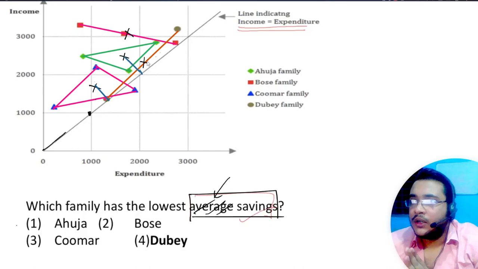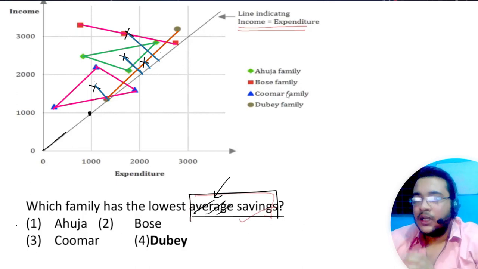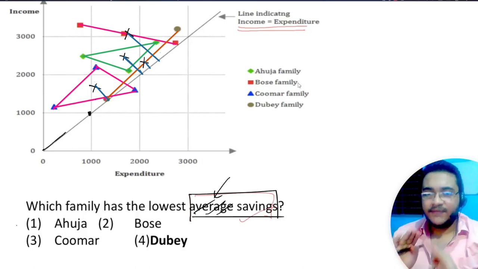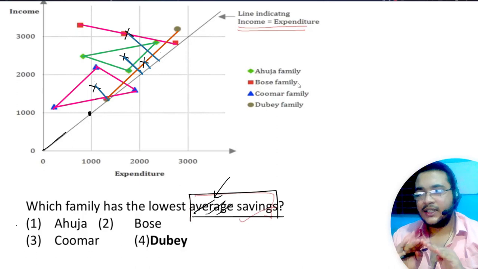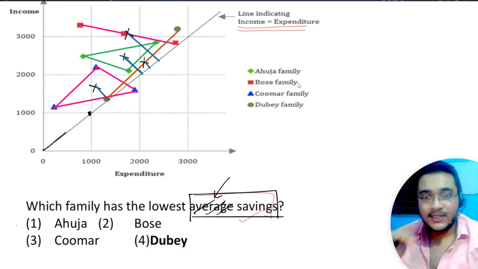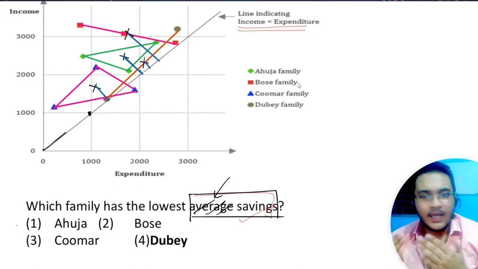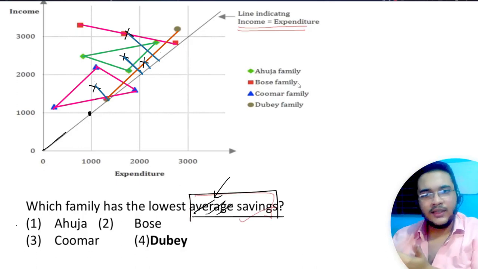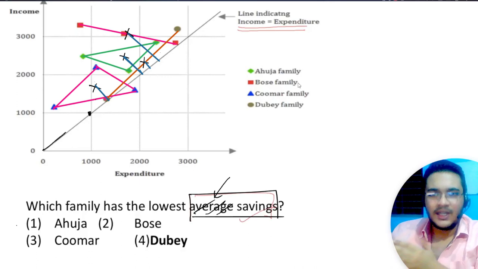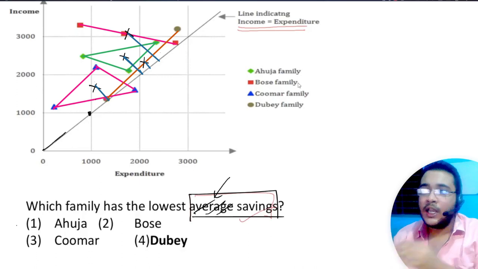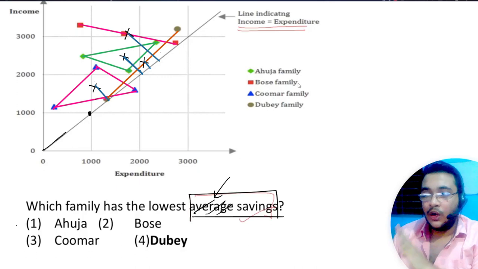And you will be able to answer the question pretty swiftly from this point onwards. The family which is going to have the lowest saving has to be the family which is closer to this line. Why closer to this line? Because whatever money they are making, they are expending that much amount. The expenditure is also that much, right?